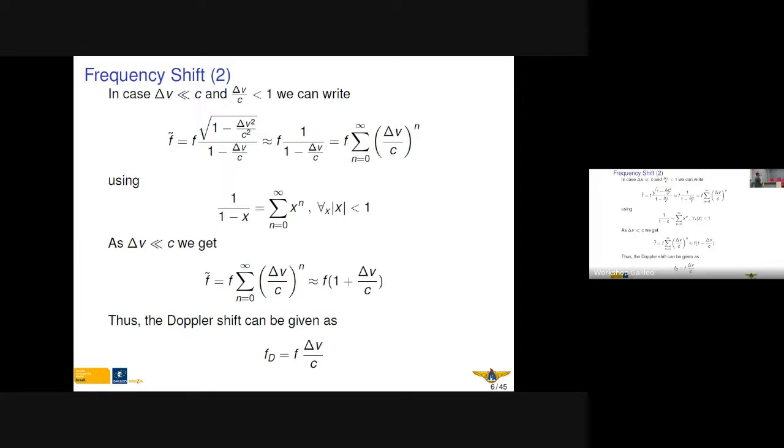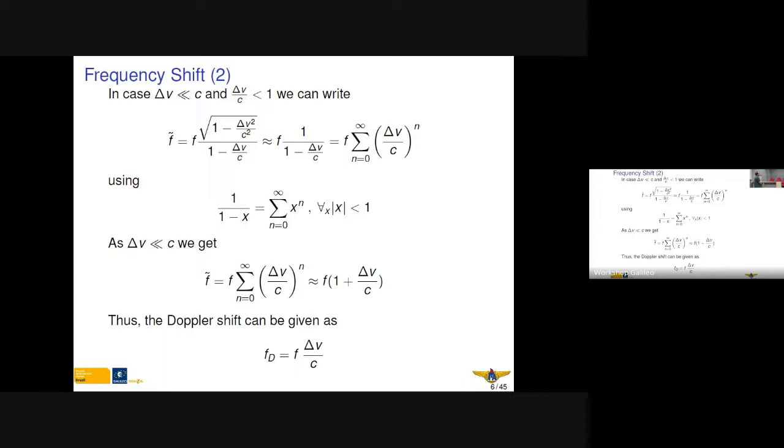And this can be given equivalently as F times the sum of n from 0 to infinity of (delta V divided by c) to the power of n.